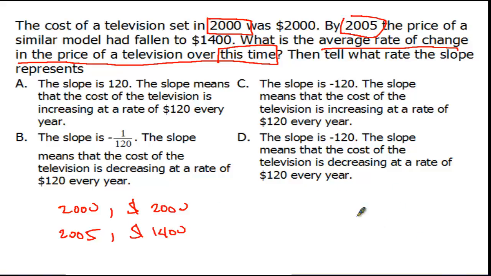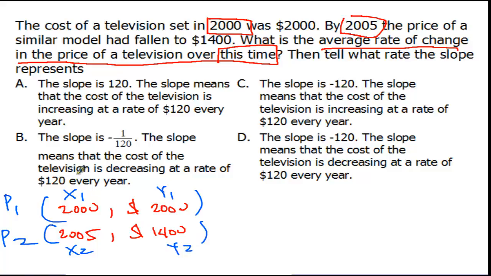If I represent this as my first point, this will now become my x1, y1. And if this is my second point, I will have my x2 and y2. Now, it's very important that your x values represent your time. In this case, our time is in the form of a year. So 2000 and 2005.